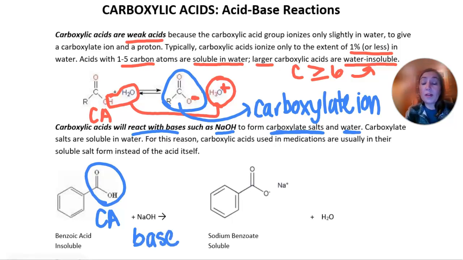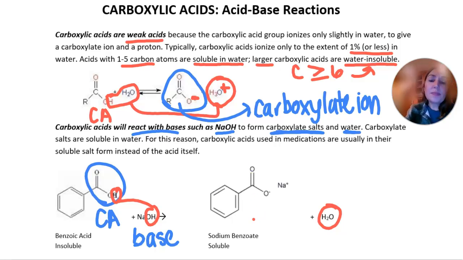What's going to happen here is the H of our carboxylic acid is going to get together with the OH of our base to make water. That will leave our carboxylate ion, in this case sodium benzoate. So the benzene with the COOH becomes COO minus, and then it's got an Na plus.